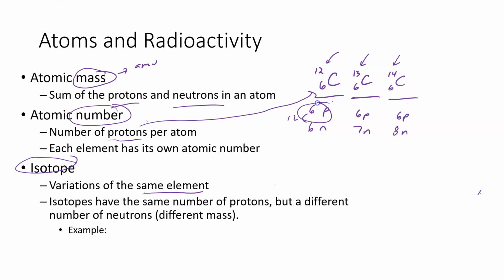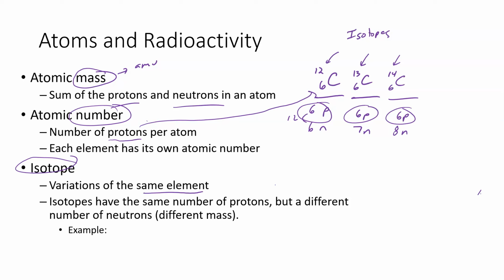But notice the number of protons is constant. That is what makes carbon carbon. If it was 7 protons, it would no longer be carbon. It would, in fact, be nitrogen, which is number 7 on our periodic table. So these are the isotopes of carbon. Same type of atom, different mass due to slight changes in the number of neutrons in that nucleus.